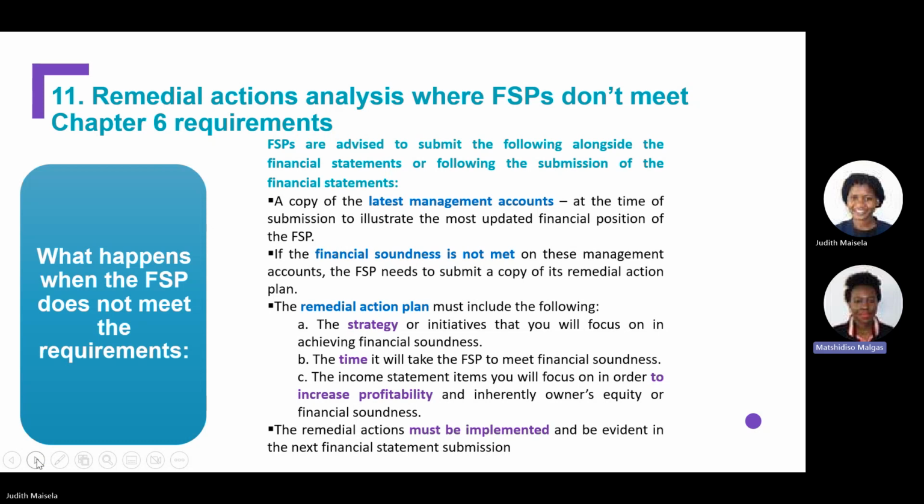So they must be specific in their remedial plan as to which specific expenses they will focus on in order to increase their profitability, or whether they will be earning more revenue. These need to be stated in the remedial action plan, and they need to be specific with timeframes.